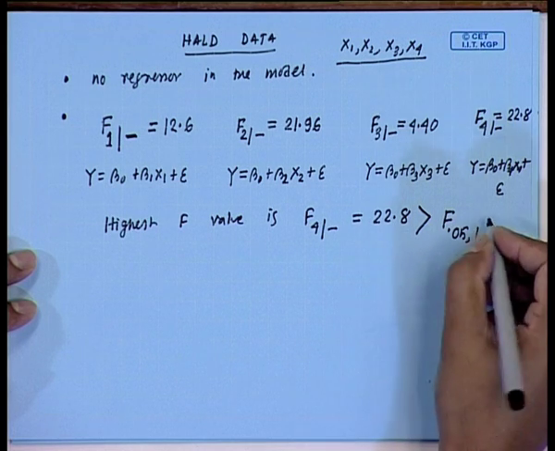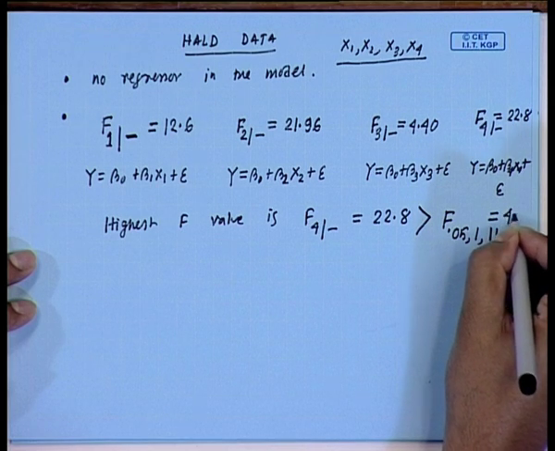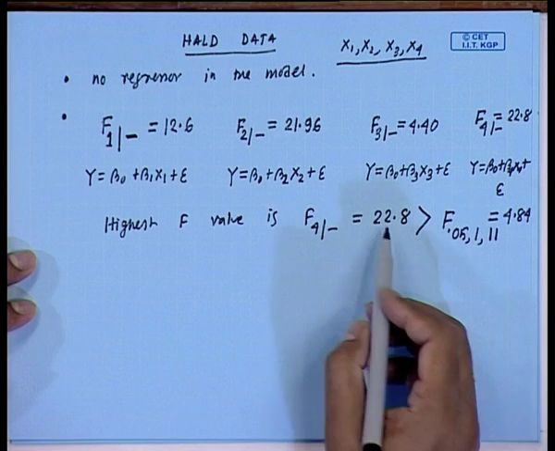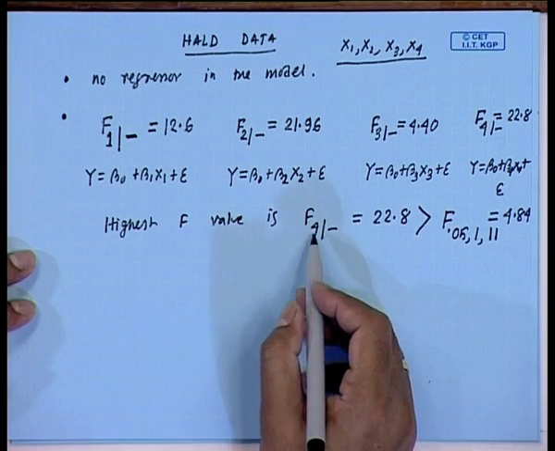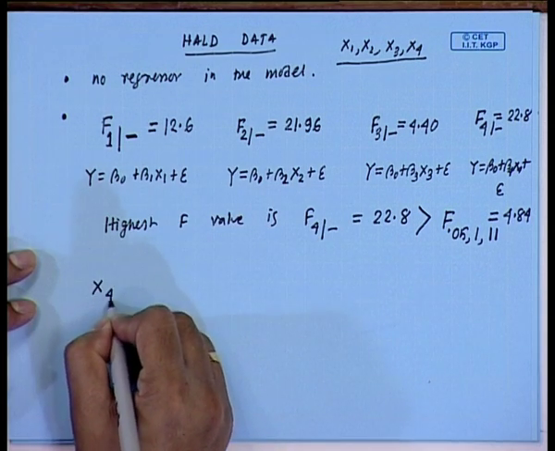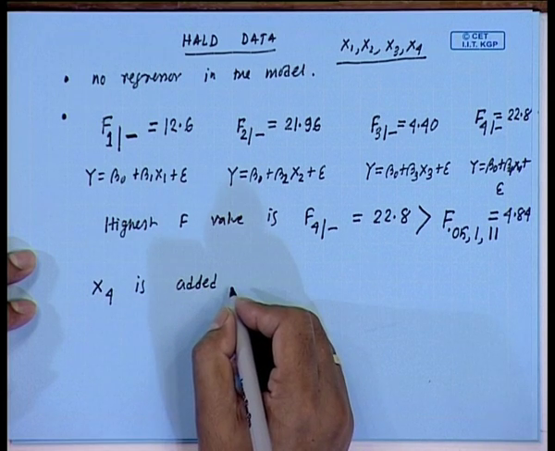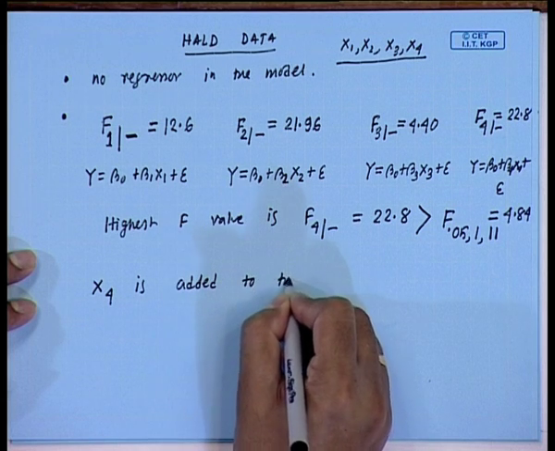This is the residual degree of freedom and this one has the value 4.84. So, the observed value is greater than the tabulated value. So, x4 is added to the model.